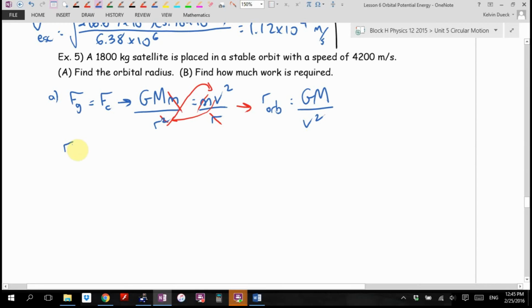The orbital radius is going to be 6.67 times 10 to the negative 11, big M, mass of the Earth. It doesn't say a different planet, so I'll assume Earth. Divided by 4,200 squared.